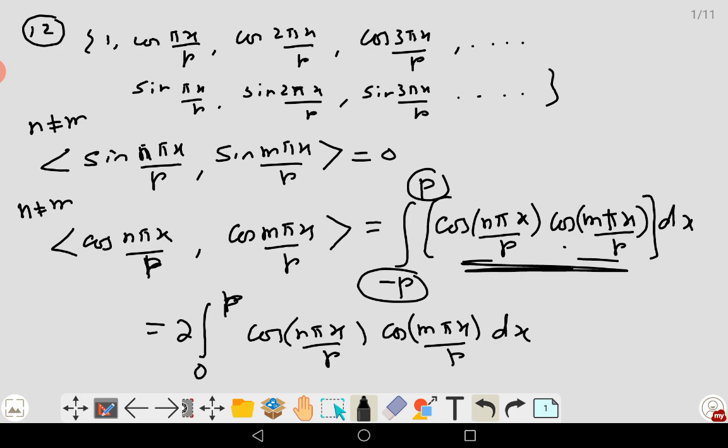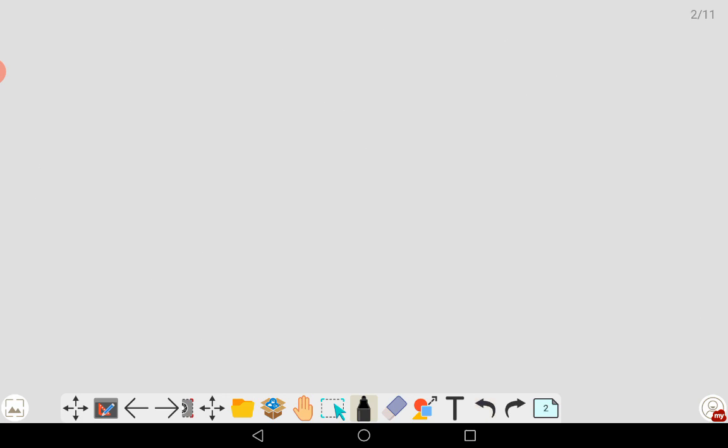Let's go back to the formula collection and we will find the formula for cosine a cosine b. The next page, this is actually equation number 1. We will write the rules. What is the formula for 2 cosine a cosine b?